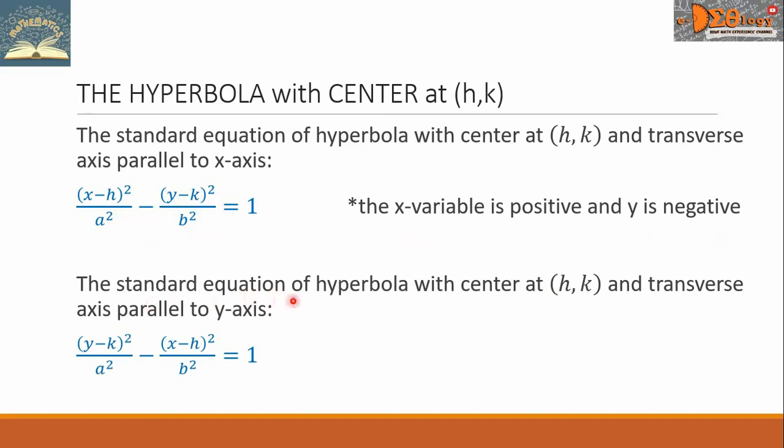The standard equation of hyperbola with center at (h, k) and transverse axis parallel to the y-axis is here. That is the square of (y − k) over a² minus the square of (x − h) over b² equals 1. Take note, the y variable is positive and x is negative.